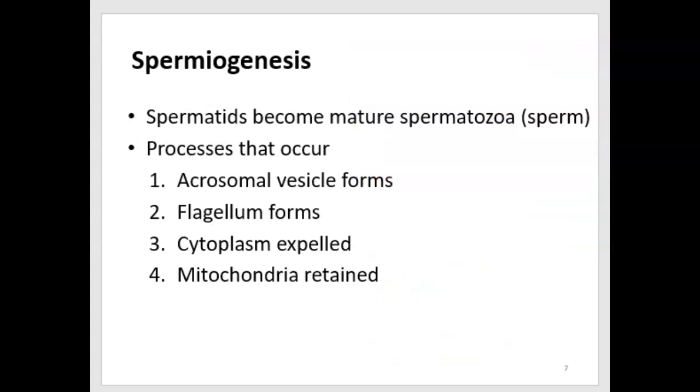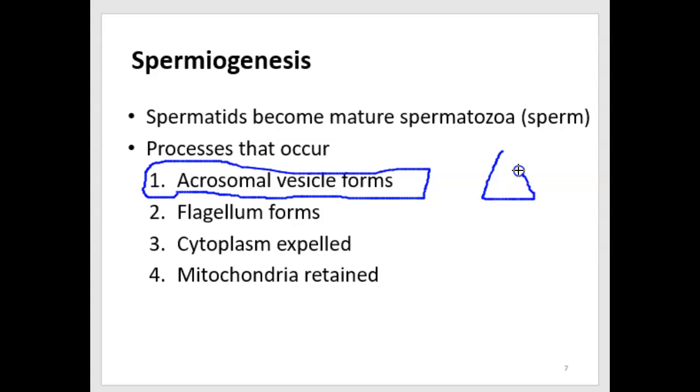So the process of spermiogenesis, when spermatids become mature sperm, which are also called spermatozoa, includes forming what's known as an acrosomal vesicle at the head, and the acrosomal vesicle will be at the very tip, forming a flagellum, and getting rid of any extra cytoplasm from the secondary spermatocyte.